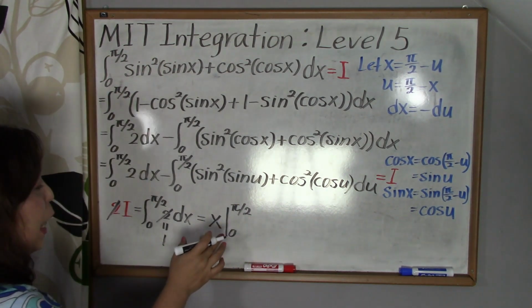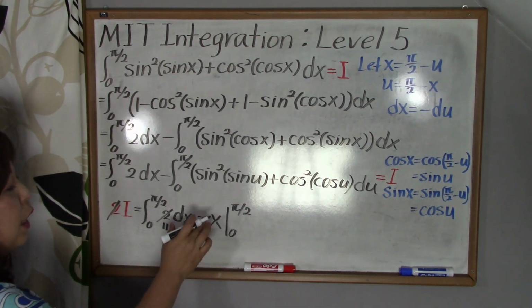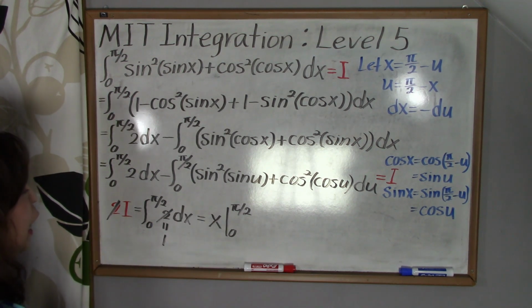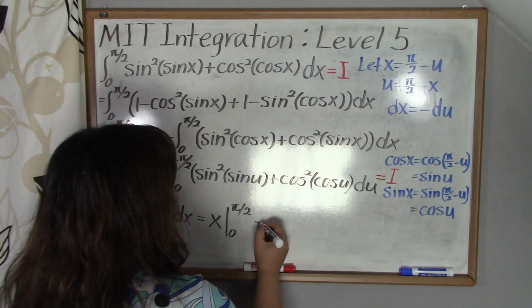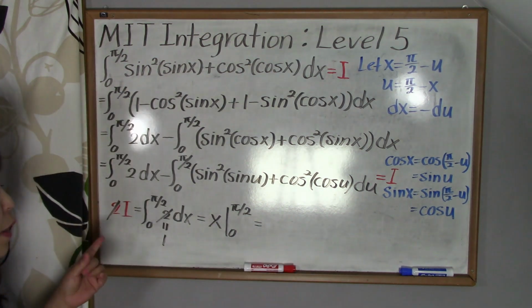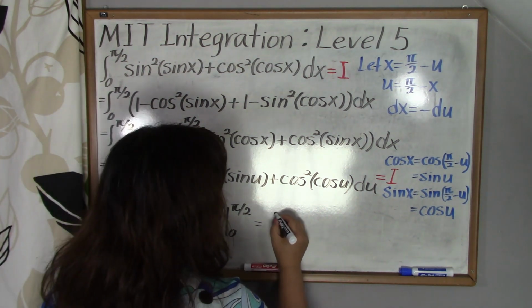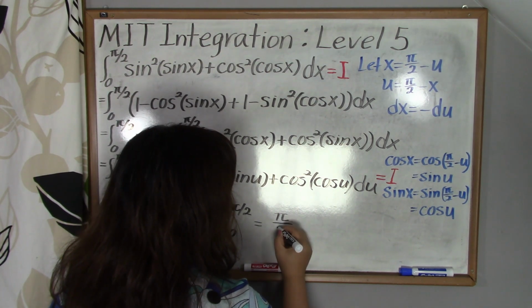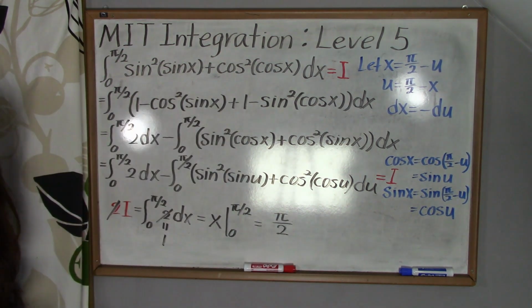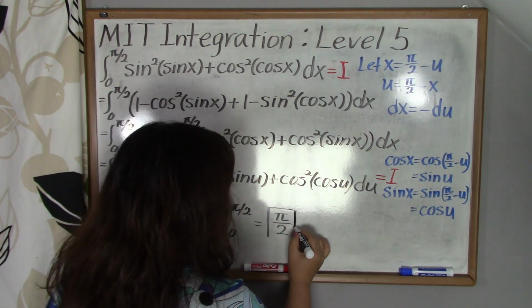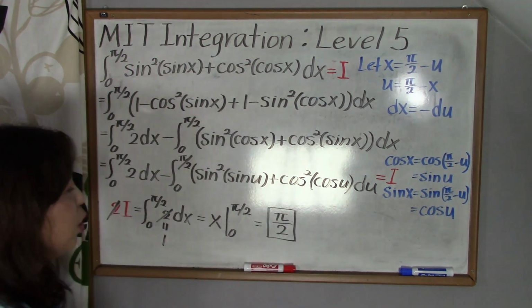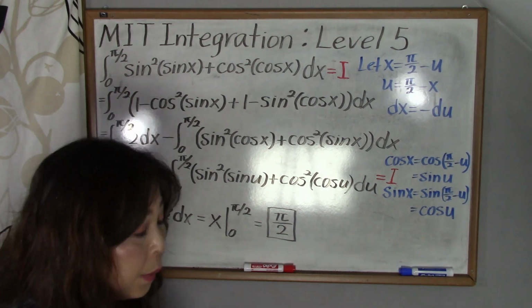We plug pi over 2 and 0 into x. That is pi over 2 minus 0. So I is equal to, final answer, pi over 2. So this is the answer, pi over 2.